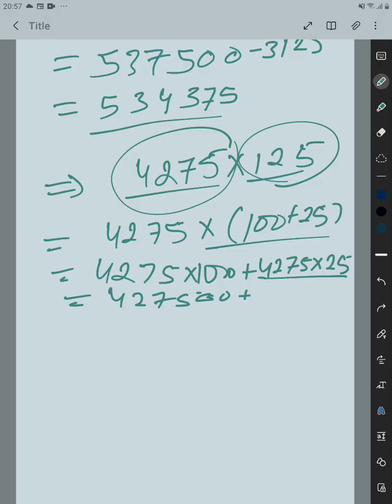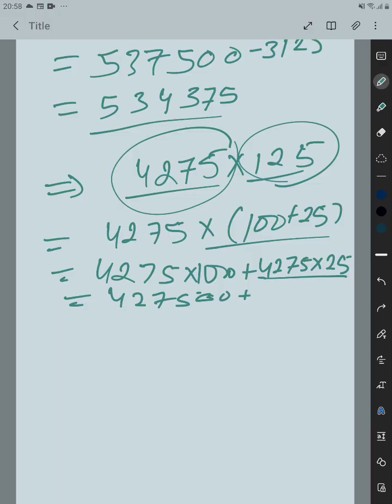Is there any way of doing this? If we divide by 4 and make it that one, that may not be possible. Anyway, let's do the multiplication itself, and we can multiply this one by 25.